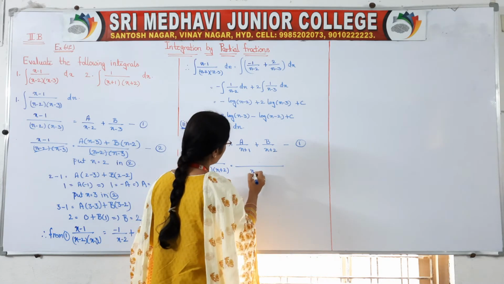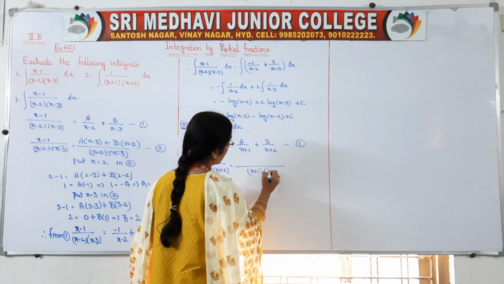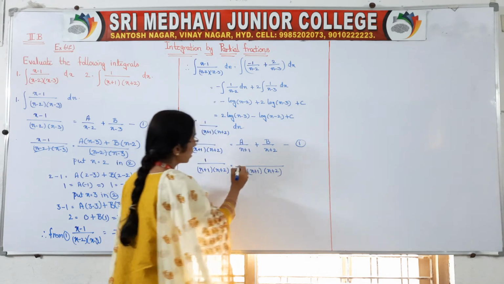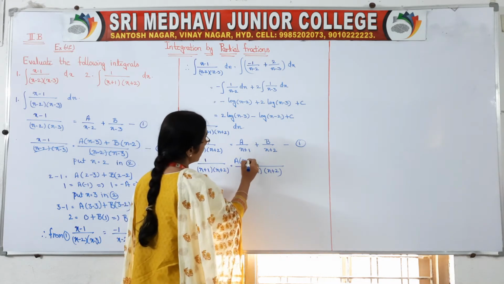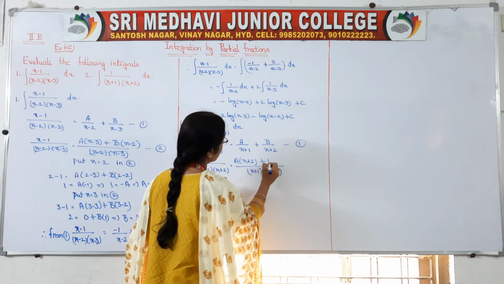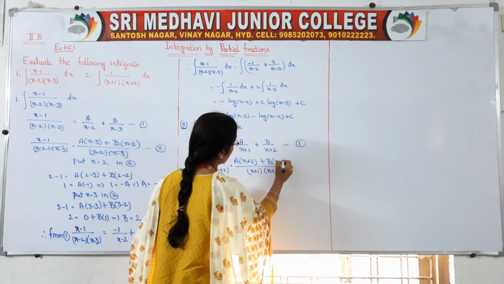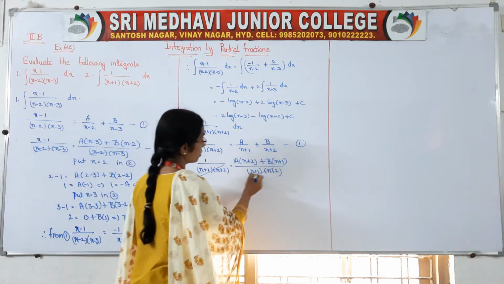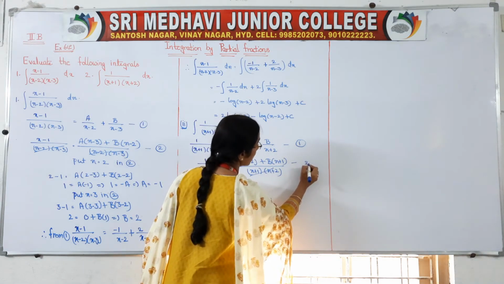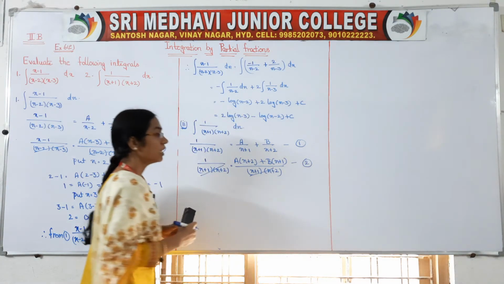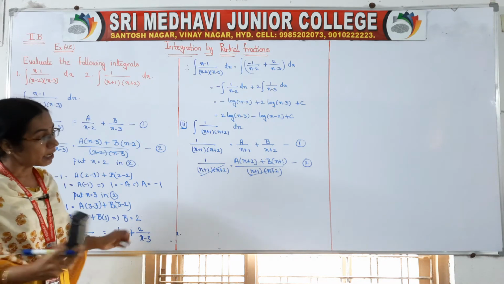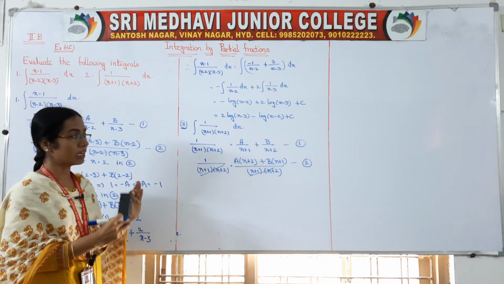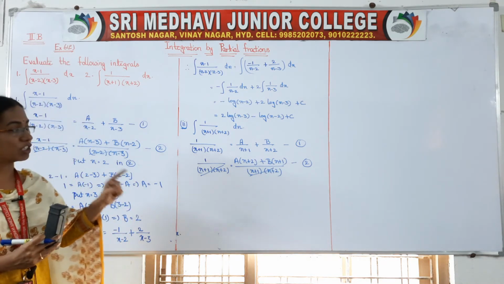So here we will take x plus 1 into x plus 2. That gives a into x plus 2 plus b into x plus 1. We can cancel the denominators on both sides, and you consider this as your second equation. Now try to get your a and b values from this equation 2.